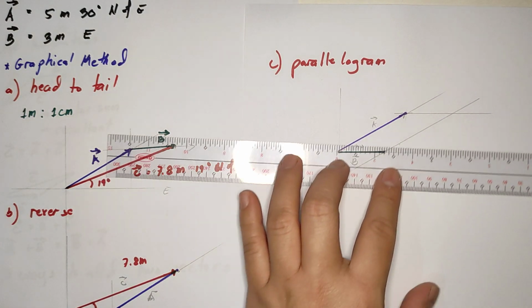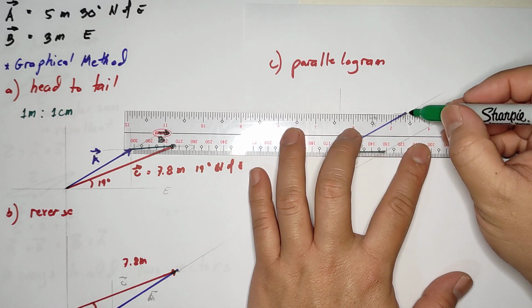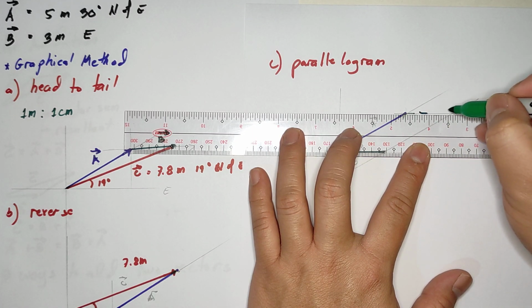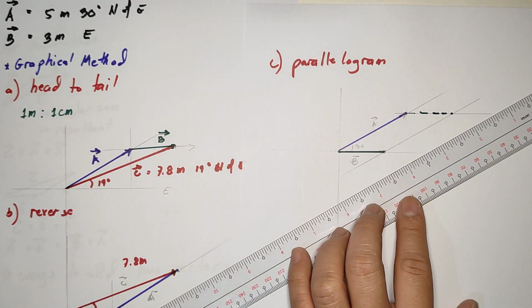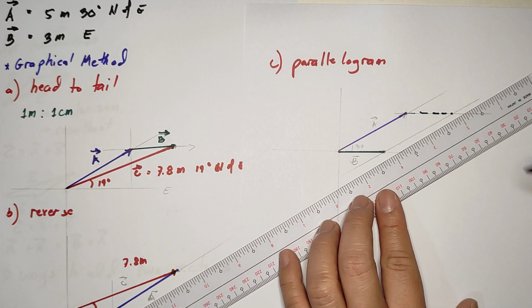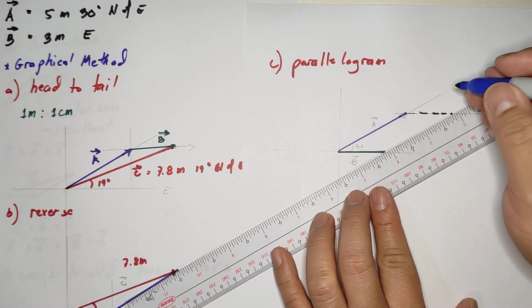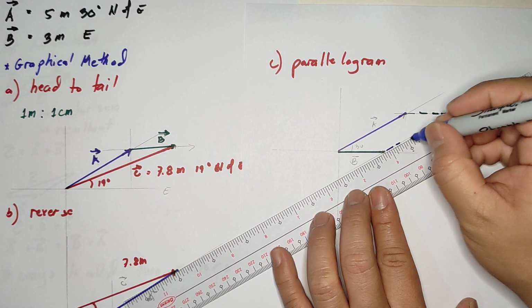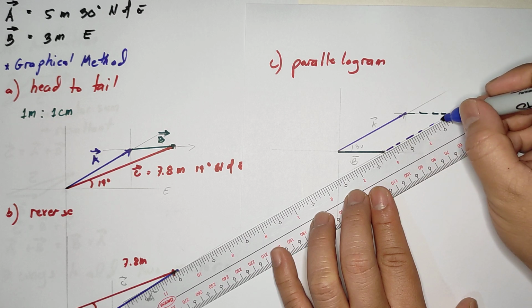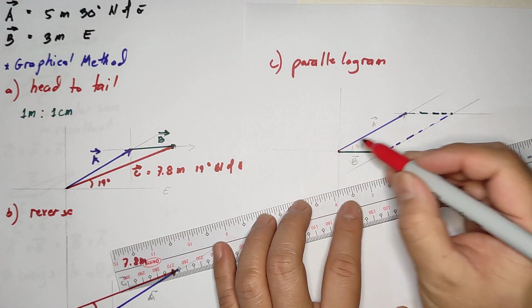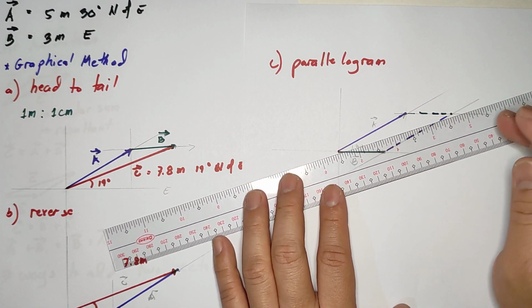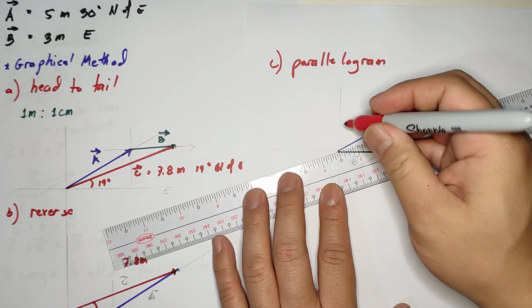So this is parallel to B. Okay. Then the other one is parallel to A. Then from here, the tail to this point, I will connect.